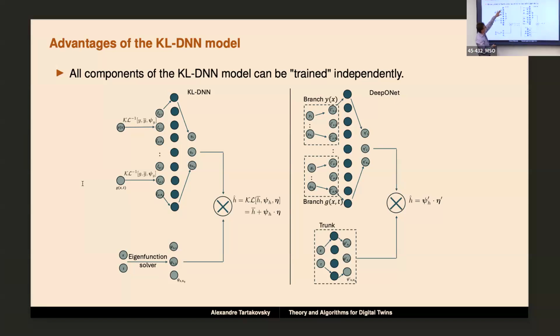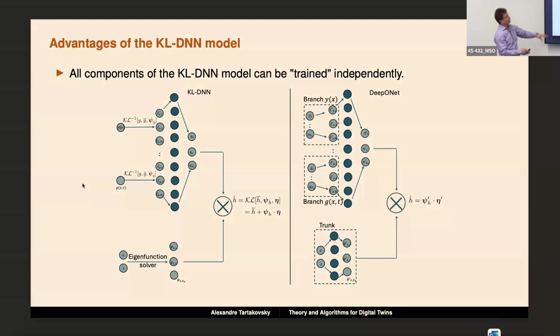Parameters for each sub-branch can be computed independently. So we can construct our KL expansions independently. We can compute our inverse KL operators independently to construct the reduced data set.